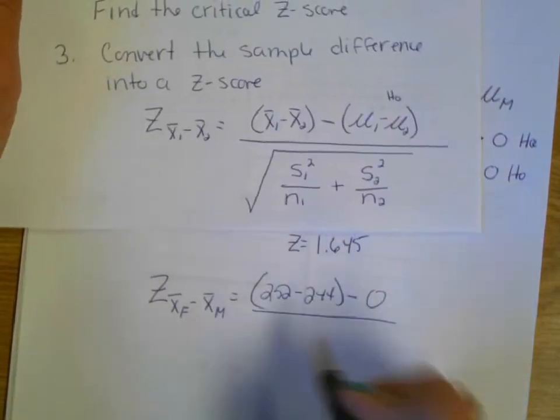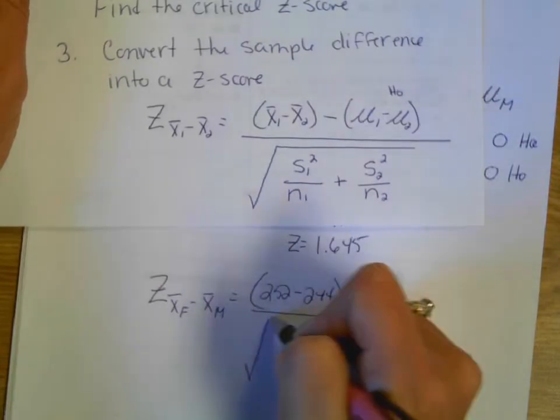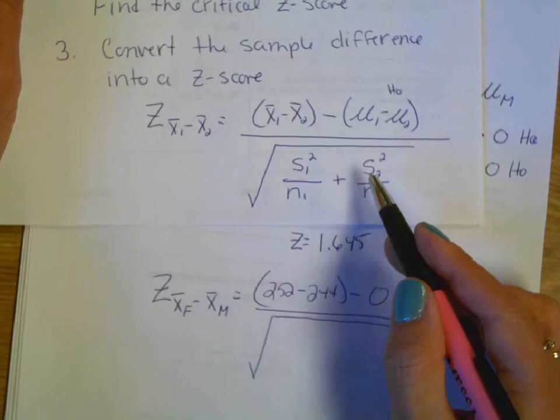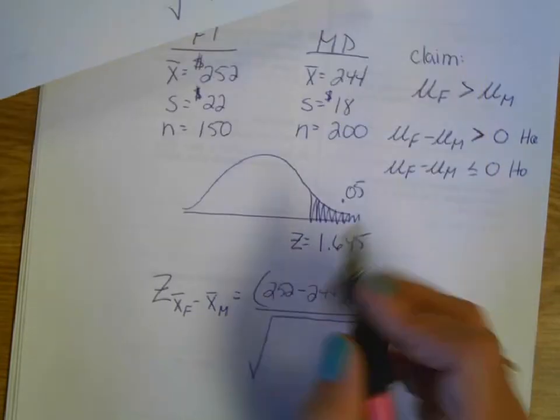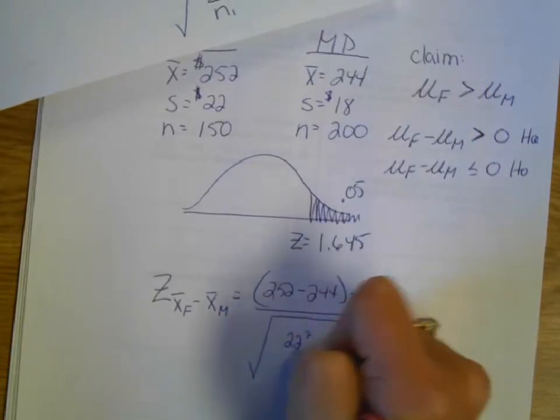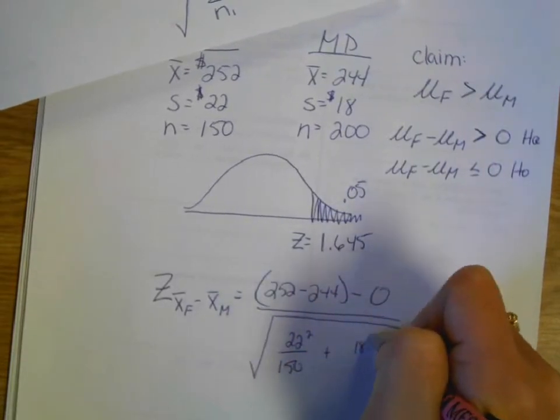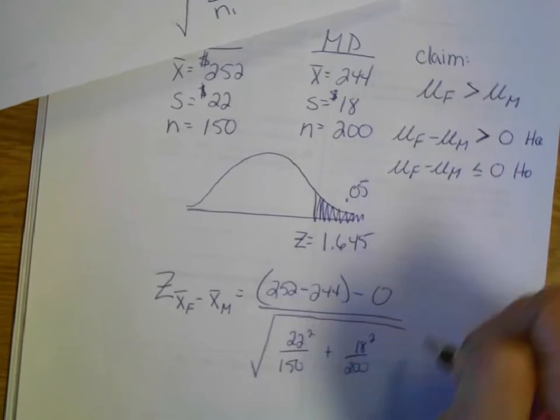The bottom is that ugly square root, which you apparently had no problems typing in your calculator. So Florida's are 1 and Maryland's are 2. So 22 squared over 150, 18 squared over 200.